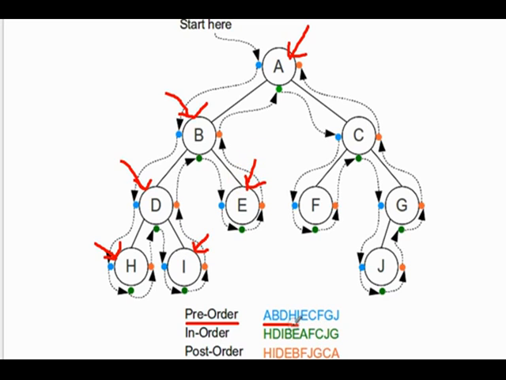This one. And then right one is C, but first self, so after you have C. Left, F. Any left, right? No, so right, G. Self, and then the left, J.